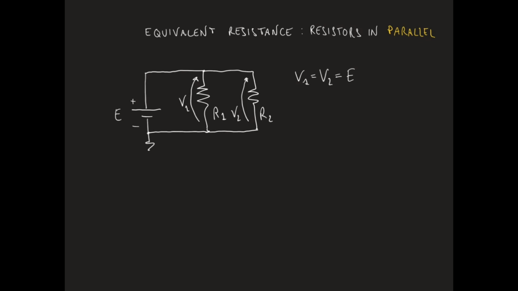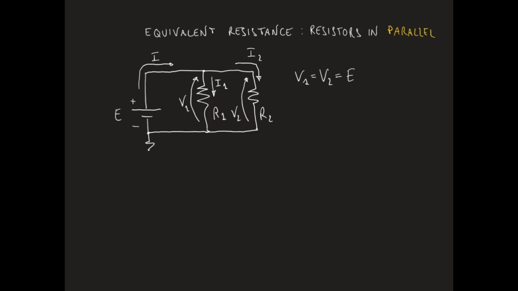Now, let us consider the current I flowing out of the positive terminal of the battery and the currents I1 and I2 flowing through resistors R1 and R2 respectively.